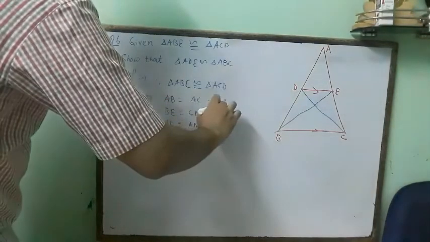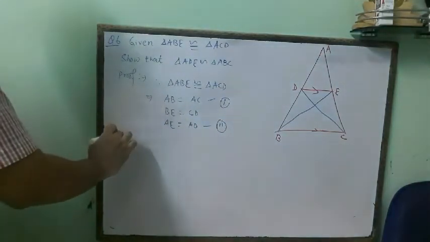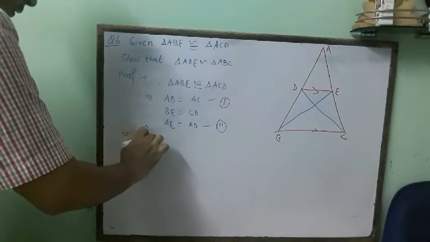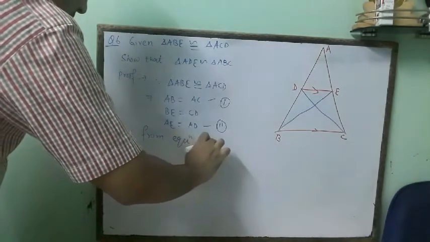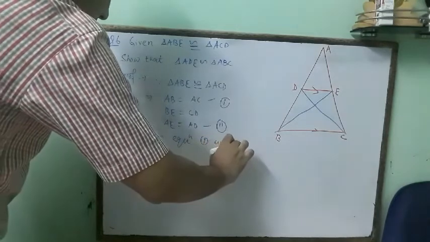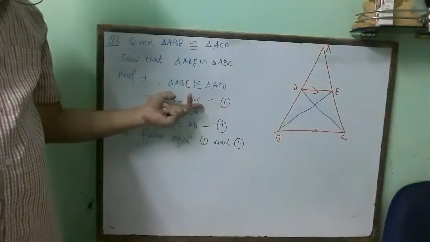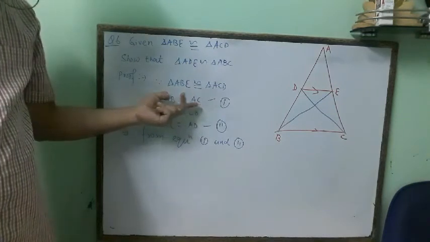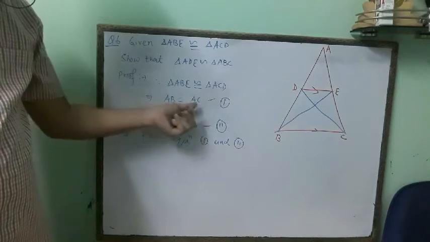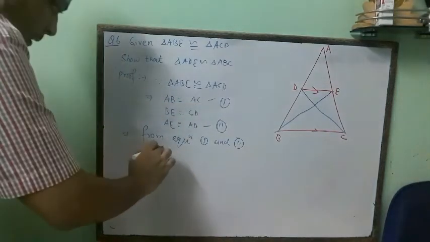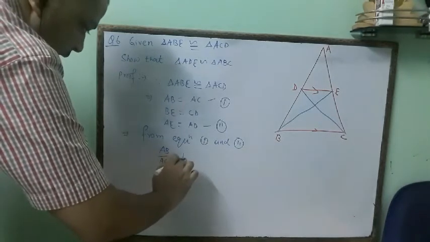Now from this equation and this equation, we will use equations 1 and 2. See this one. If in equation 1 we divide both sides by AC, it will become AB by AC is equal to 1.